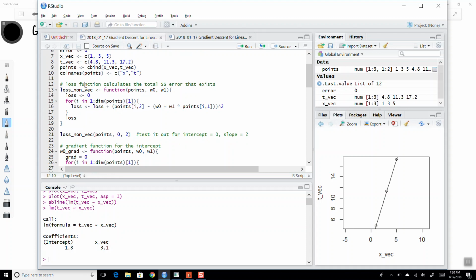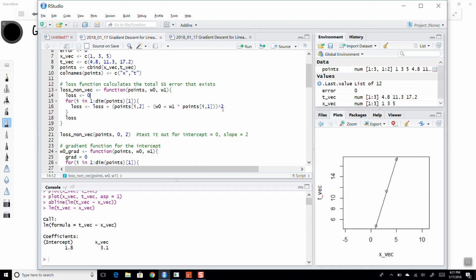So here, I'm going to calculate the loss, which I've called the loss for non-vector, because next we'll do the same thing in vector notation. And so this is just going to calculate the loss, and all I'm doing is taking the current loss, which starts off at 0, and it goes through every point that I have, and there are only 3 points here, but it's going to take the second value, basically the y or the t, subtract off the estimate and then square that.